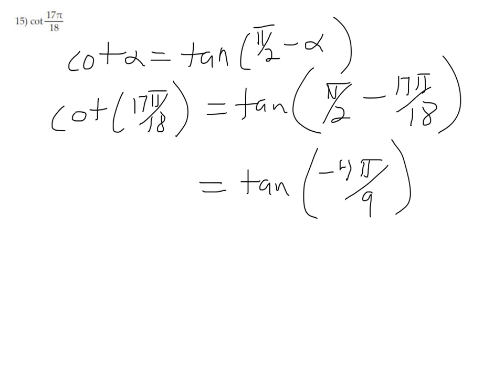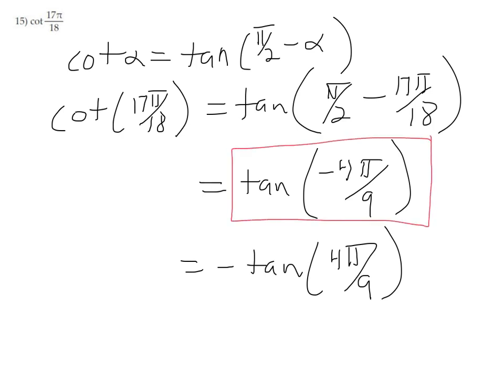Now, knowing tangent is odd, you could pull this negative out in front and write it negative tangent 4 pi ninths. However, since this problem asks for the answer in terms of a cofunction, not the negative of the cofunction, we'd leave it as just tangent. That completes this problem.